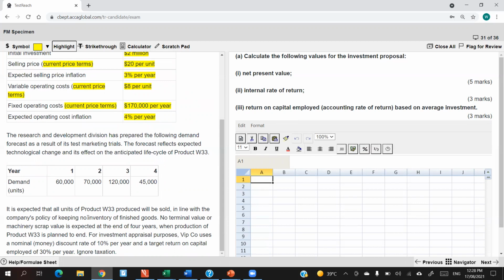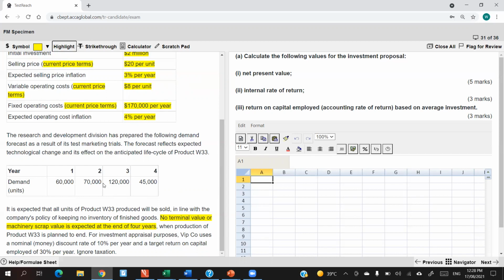No terminal value or machinery scrap value is expected at the end of 4 years, so there's nothing on the scrap value. For investment appraisal purposes, VIP uses a nominal discount rate of 10% and a target return on capital employed of 30% per year, and ignore tax.